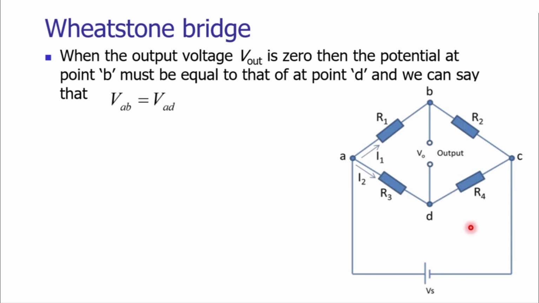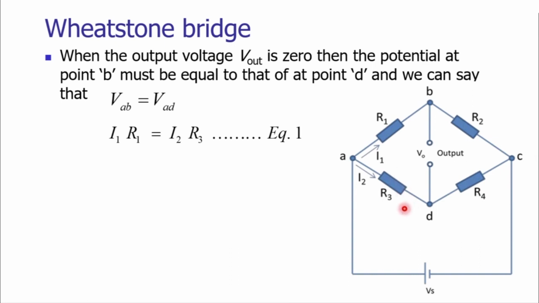Then I can write that VAB, the potential across resistor R1, is equal to the potential across resistor R3, VAD.